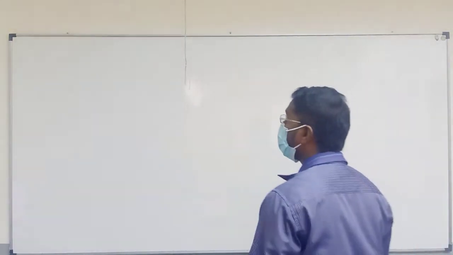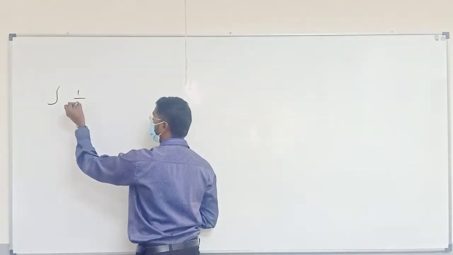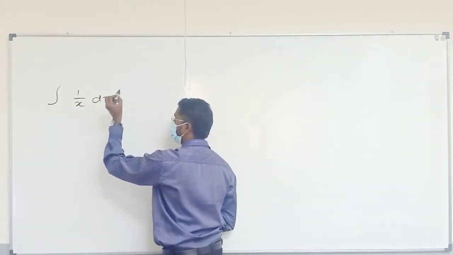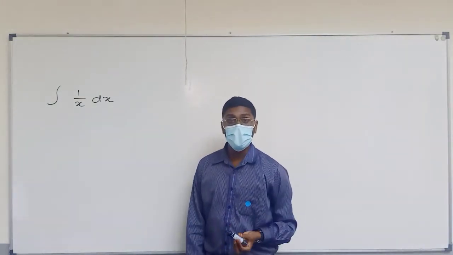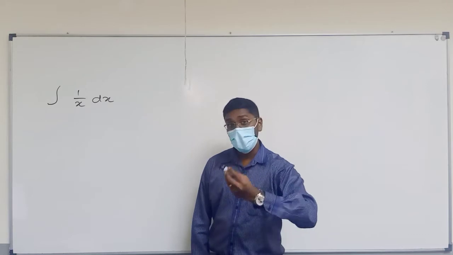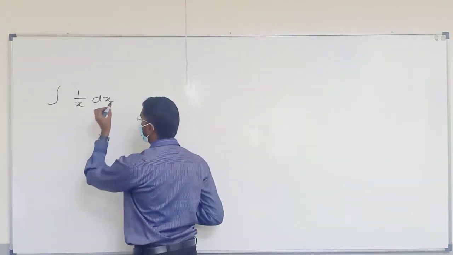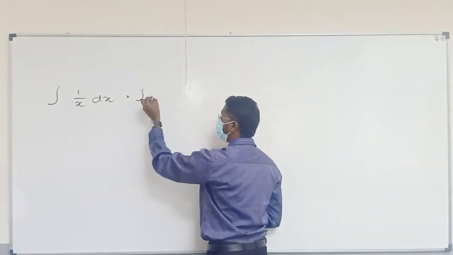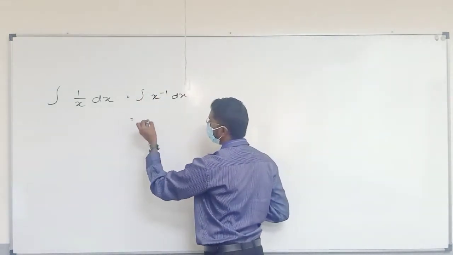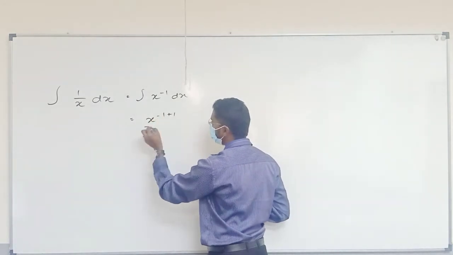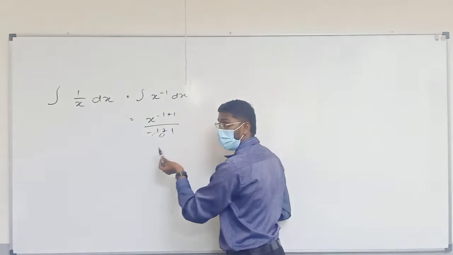The second integral is the integration of 1 over x, the integral of 1 over x dx. Normally, our integration would follow the power rule. For example, the integral of x^(-1) dx would be x^(-1+1) divided by negative 1 plus 1. Here the denominator is 0, so it's undefined.